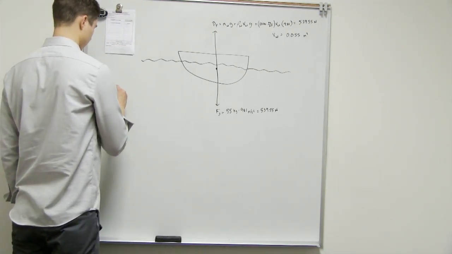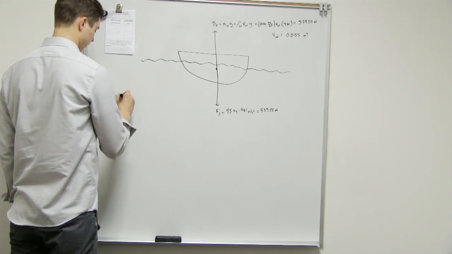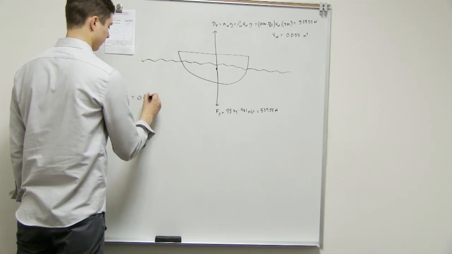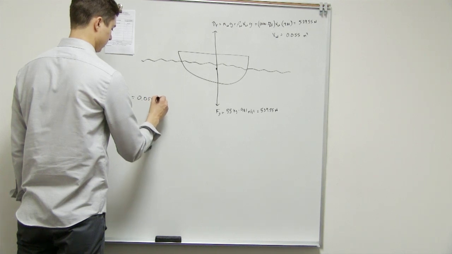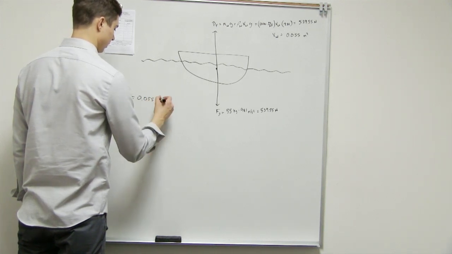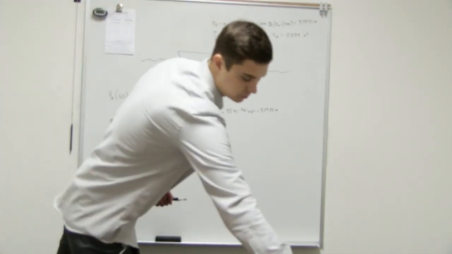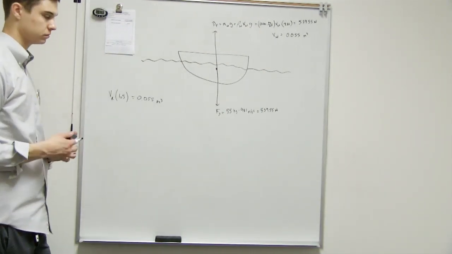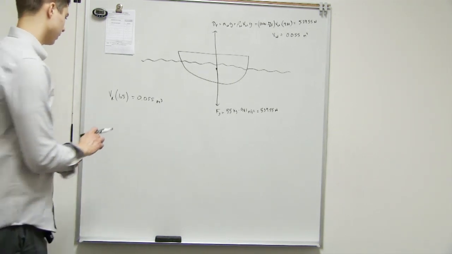The volume of our raft times 0.65, so 65% of our raft, equals 0.055 cubic meters. If we want to find the full volume of the raft, we divide that by 0.65. Oh, that's just the volume displaced, huh? Yeah. And 64%. Oh, 64. Yeah.